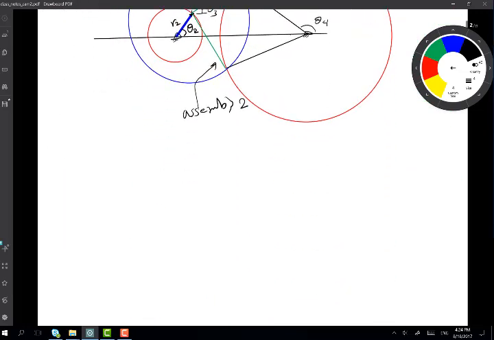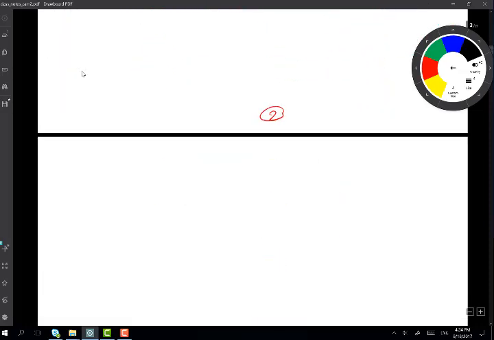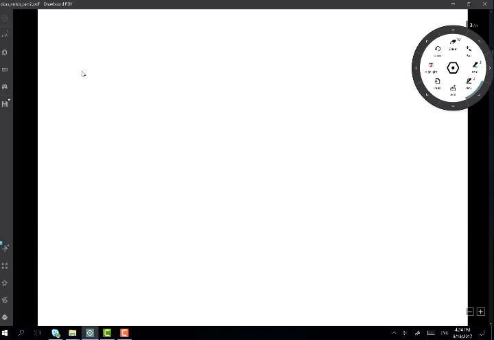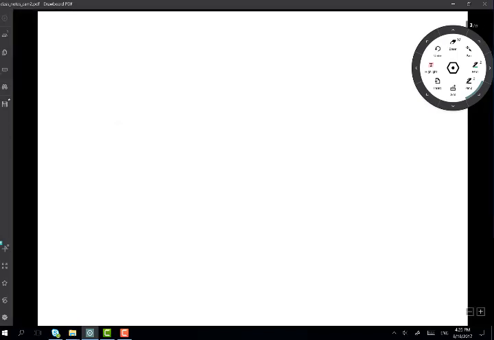Now, let's have a look at maybe another example without much discussion. Let's see if I can show you another example here. So this will be page number 3. Let me insert a drawing from the ones I had earlier.